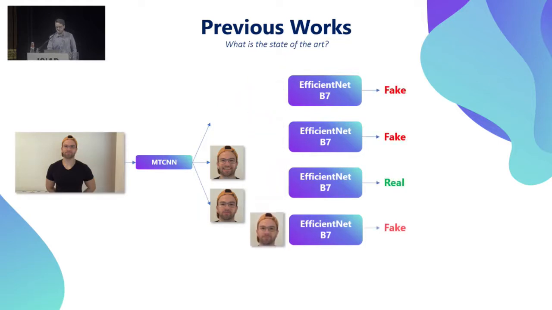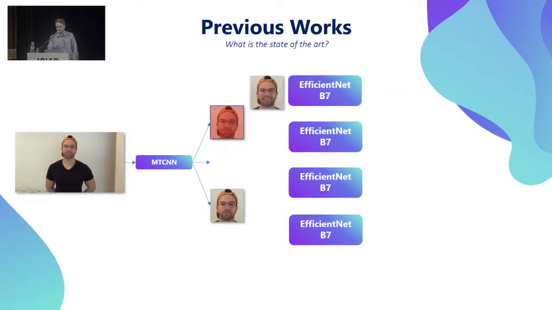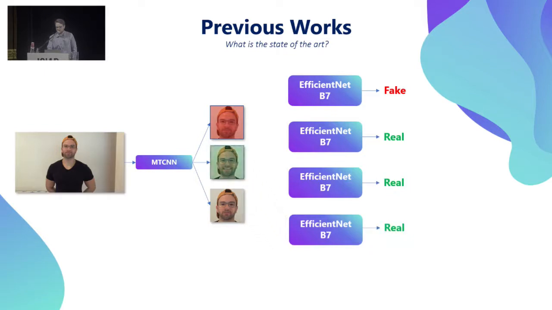And if the majority of these networks say that the face is fake, then it is considered fake. The same is done for all the faces inside the video, and if the majority of the faces are fake, then the whole video is fake.